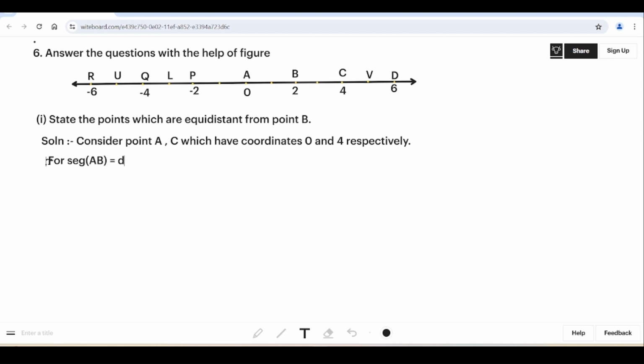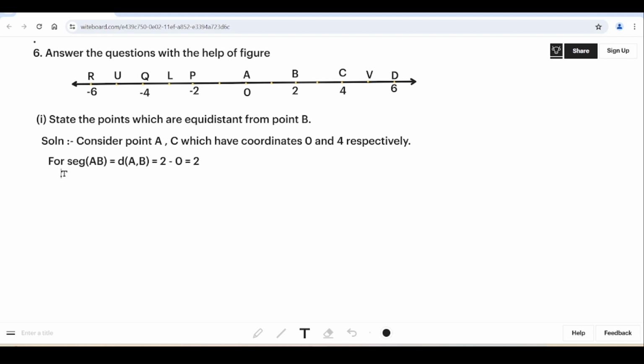AB is equal to the distance between A and B, and that's equal to, now A has coordinate 0 and B has coordinate 2. Therefore 2 is greater than 0, so 2 minus 0, that's equal to 2.